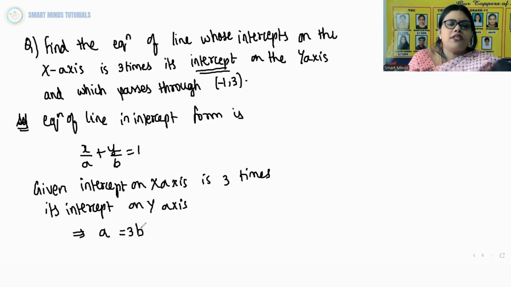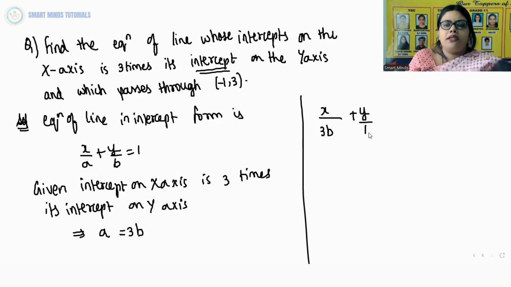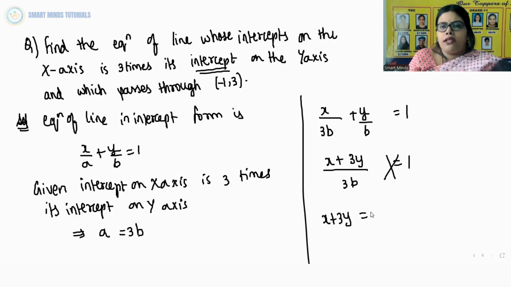Now let us put this condition in the above equation. So in the place of a we will write 3b: x by 3b plus y by b is equal to 1. If we take LCM, we get x plus 3y over 3b is equal to 1. Cross multiply, we get x plus 3y is equal to 3b.